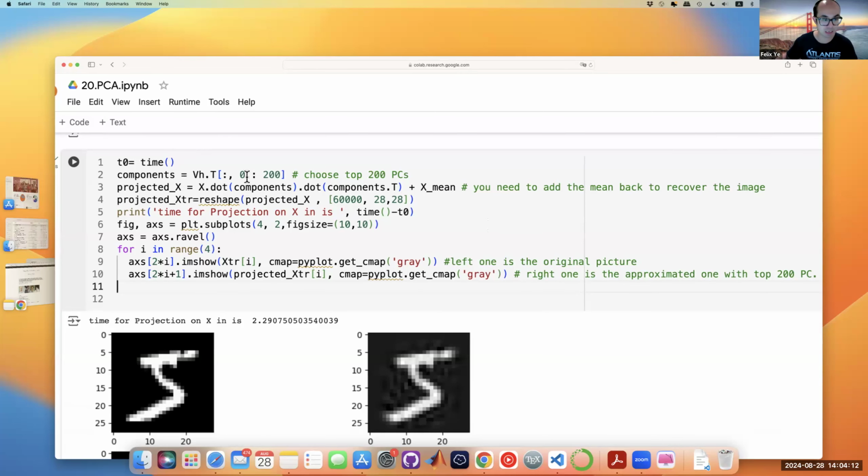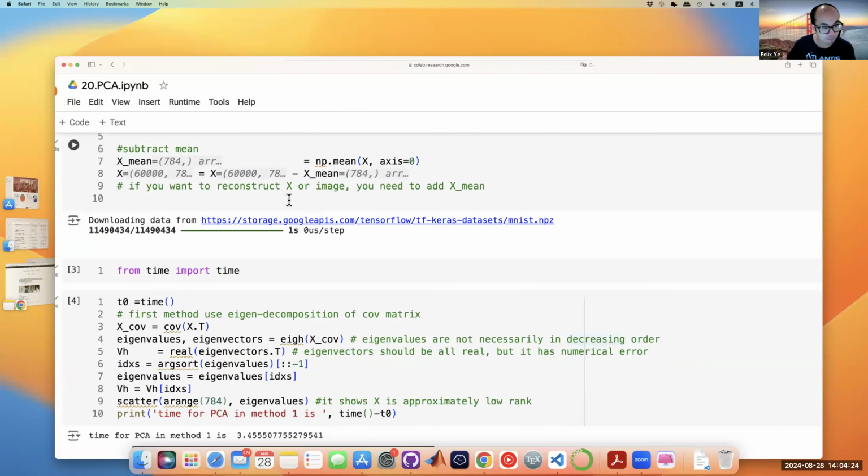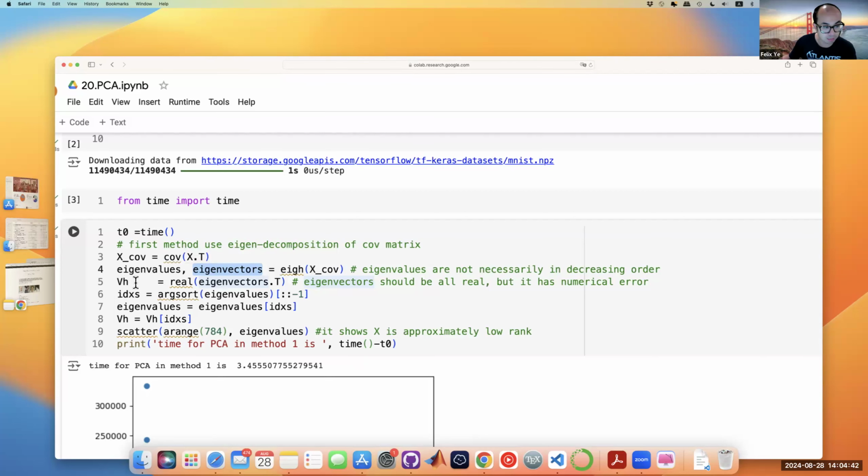That means we basically say, I'm going to take the first, like, VH right here. This eigenvector here is my V. My VH here is my V transpose, right?